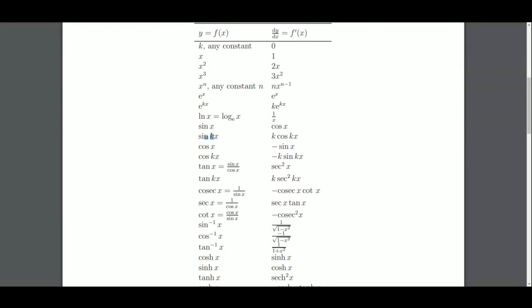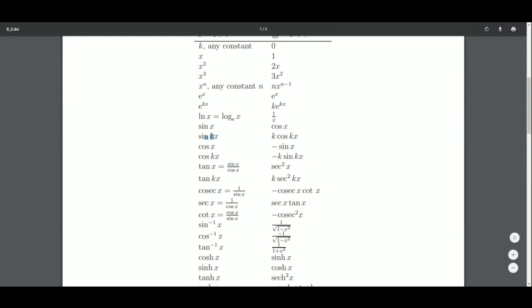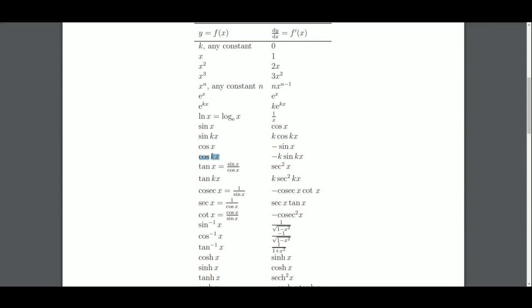Now we want to differentiate cos of something times x, which is there on our table, and that is minus k sine kx. So these numbers are going to start getting silly, but that is the nature of this problem. The acceleration is enormous.